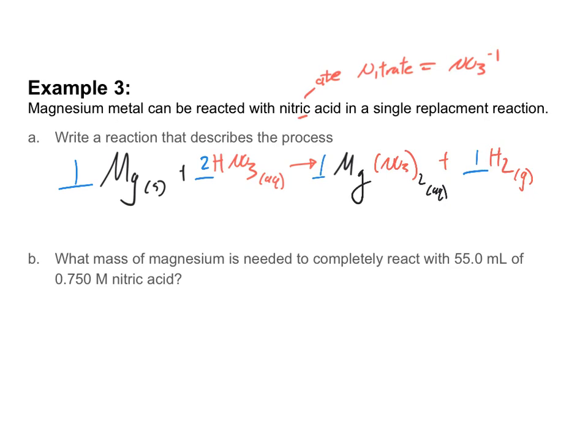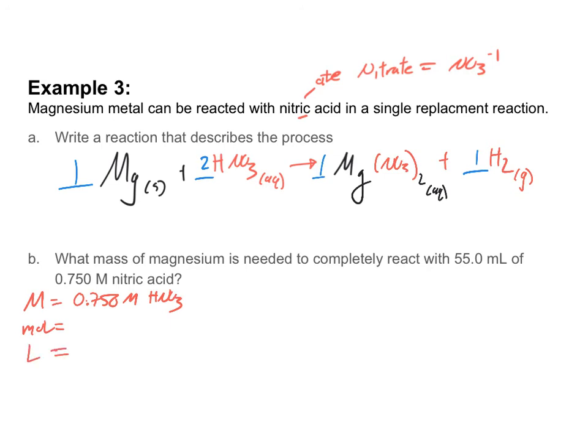So the first question says, what is the mass of magnesium to completely react with 55 milliliters of 0.75 molar nitric acid? Well, first of all, I'm going to figure out what I have and what I can solve for. So molarity is equal to, in this case, 0.750 molar HNO3. I don't know moles, but I do know volume.